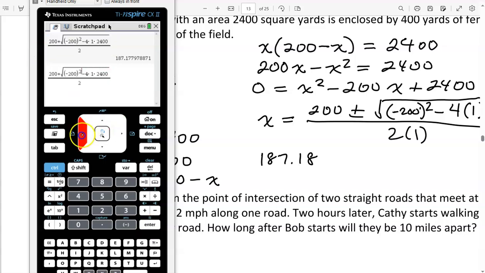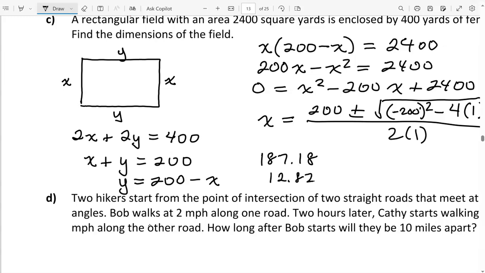going back and editing that earlier solution and exchanging that plus for a minus, and we get 12.82. Well, remember, that's the value of x, so we actually just found the width of the rectangle.